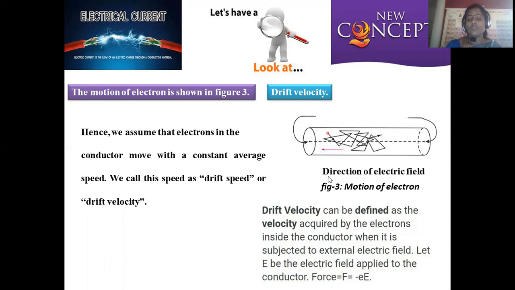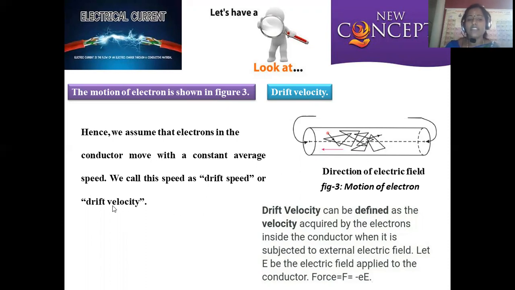Here, when electrons are flowing, direction of electrical field, motion of electron is described in this. Now, we assume that electrons in the conductor move with the constant average speed. Some are colliding with the walls of that conducting material, and in between the electrons also collisions are possible.